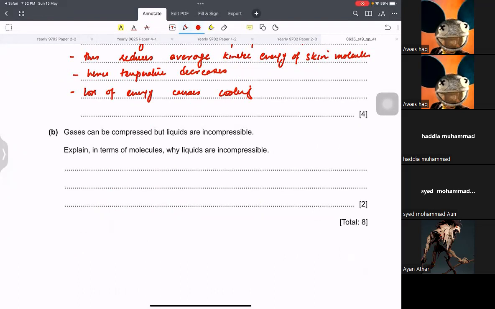Gases can be compressed, but liquids are incompressible. Explain in terms of molecules why liquids are incompressible. So there is little to no space between liquid molecules.